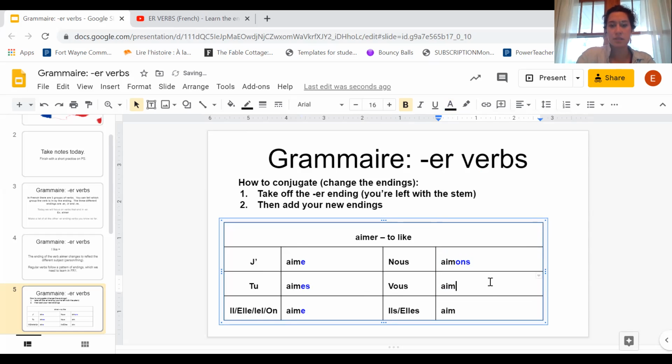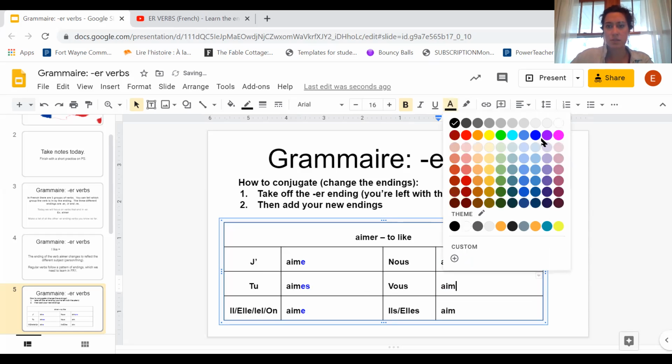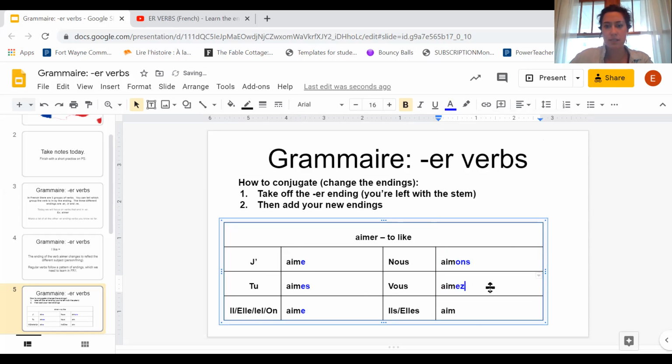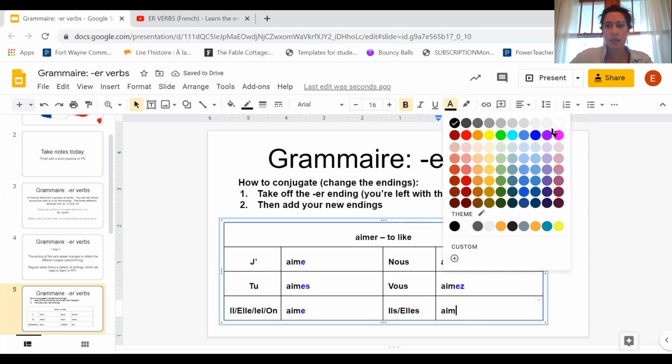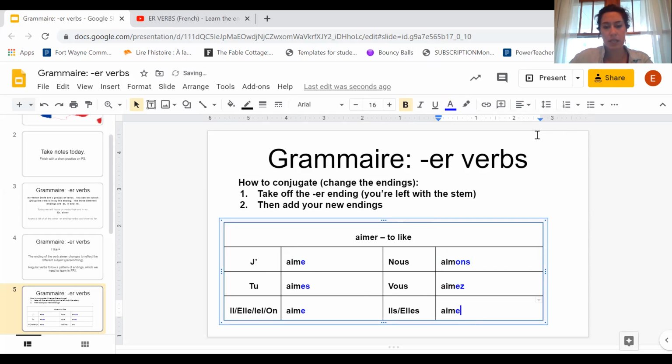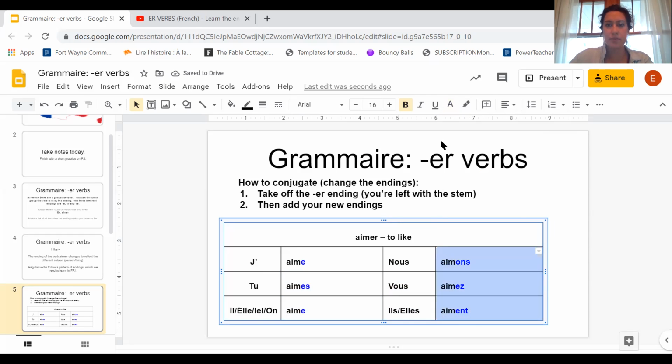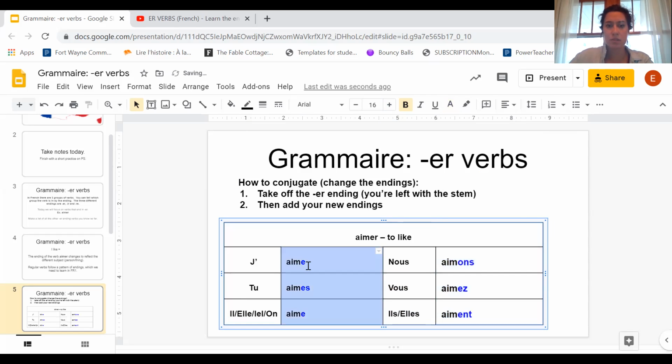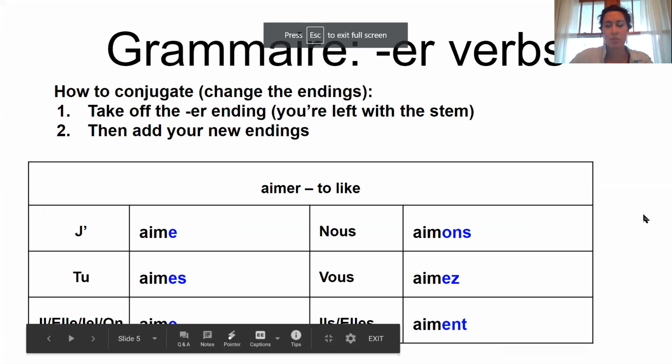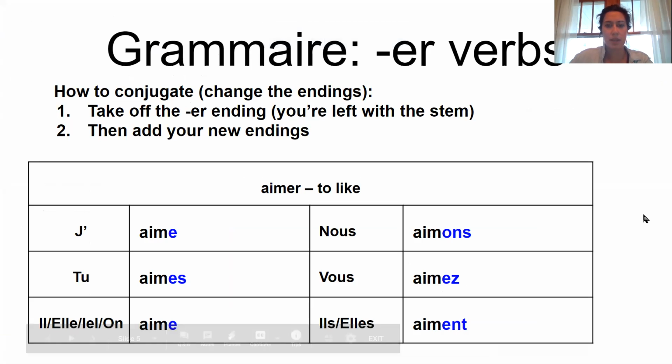Vous, it is ez. And for ils, elles plural, ent. Okay, I'm going to present that, and you can pause the video once that bottom thing has gone away. You can pause the video here and make sure you have this nice and clear in your notes.